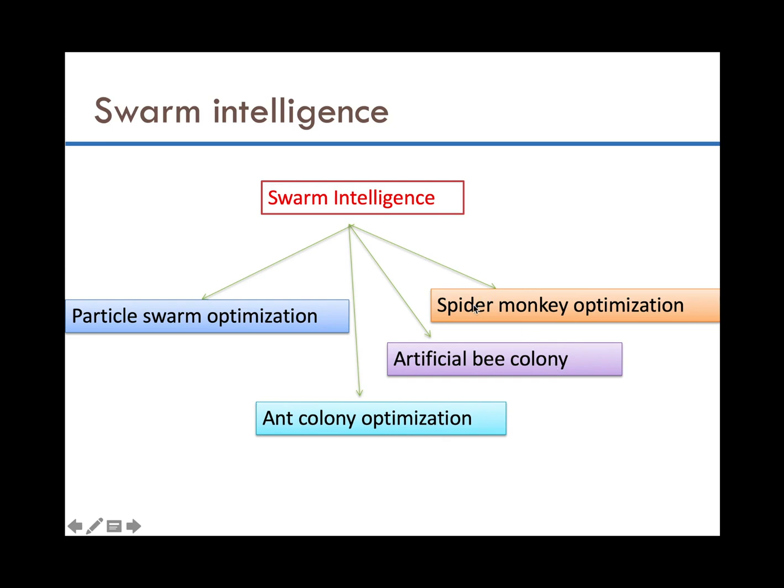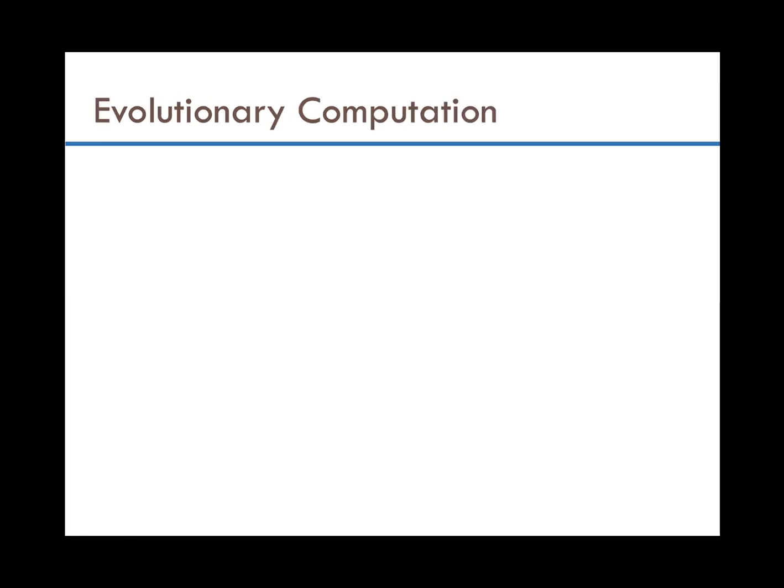Recently, myself, my two students and one research collaborator from France, Maurice Clerc, who has pioneering work in particle swarm optimization, worked on the spider monkey optimization algorithm and introduced it in 2014, which is based on the foraging behavior of spider monkeys.